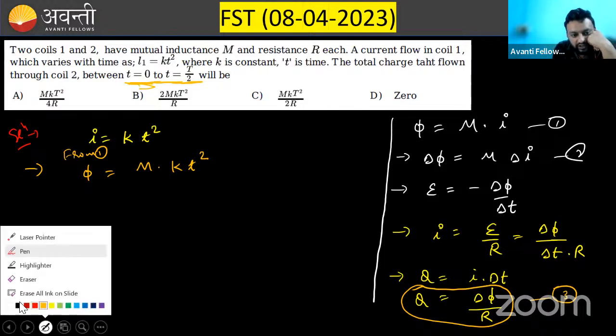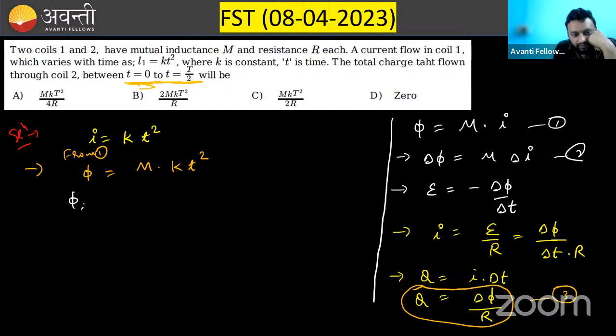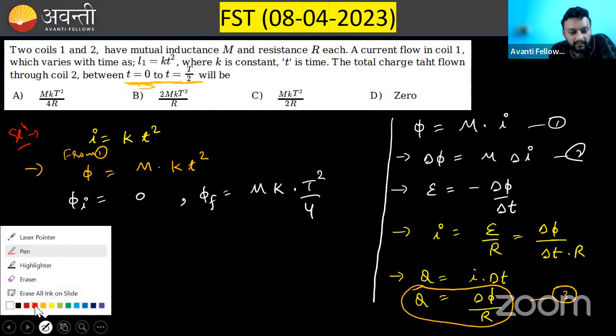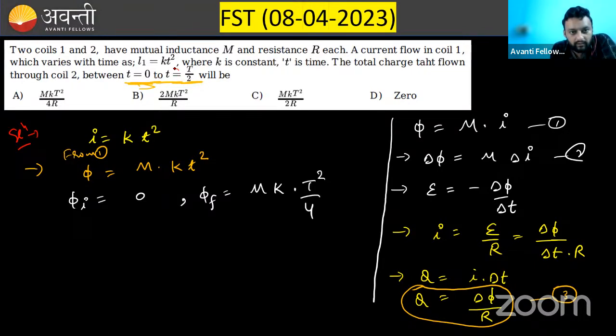So if I calculate initial flux, phi initial, that will be 0 because t is 0. And phi final will be M into K into t square, which means T square by 4, because the final time is given as t equal to T by 2. I am squaring it, T square by 4.